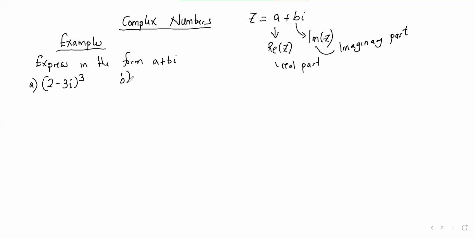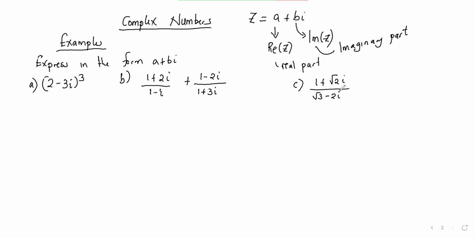And part B, 1 plus 2i over 1 minus i plus 1 minus 2i over 1 plus 3i. Like that. Maybe let me also put this one as a bonus, 1 plus root 2i over root 3 minus 2i. Okay, so let's work out.